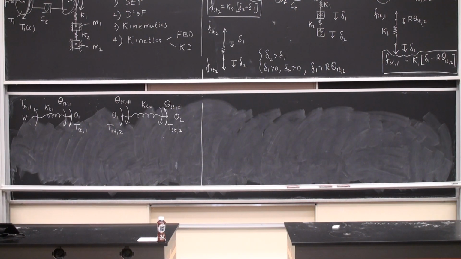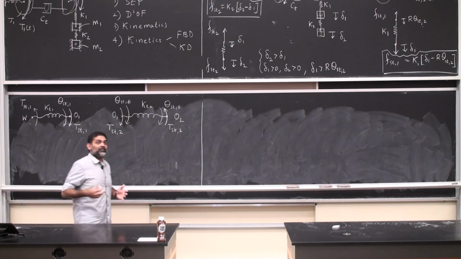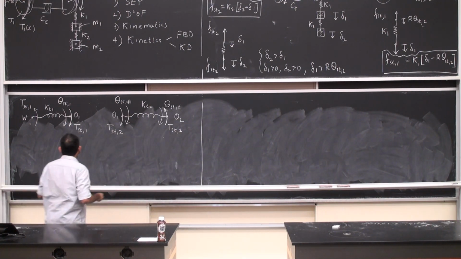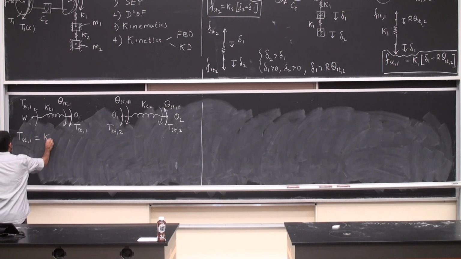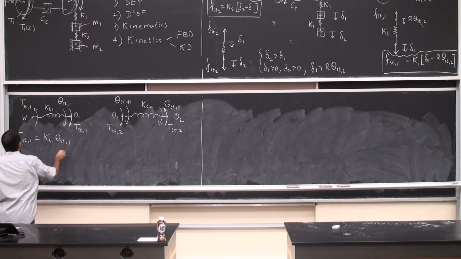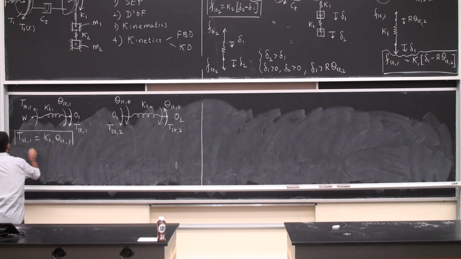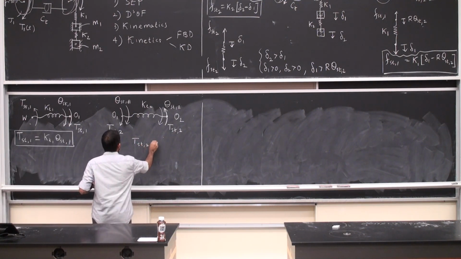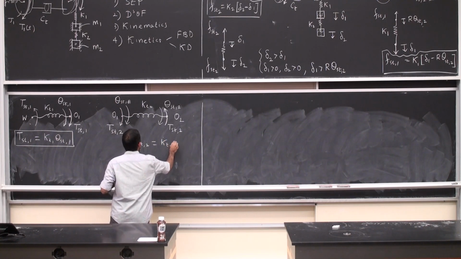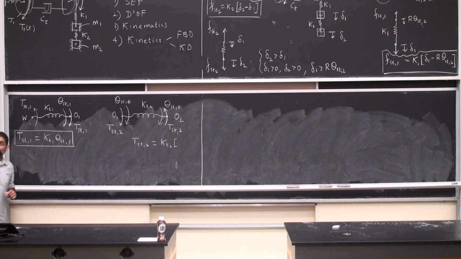Then I write out the formula for the deflection of the springs. So this is now T static 1. There is not much thinking in this because there is only one angular deflection, so it's the stiffness times the angular deflection. Then I do the same thing for this one, KT2. As mentioned in the last class, here is how you figure out what's going on.